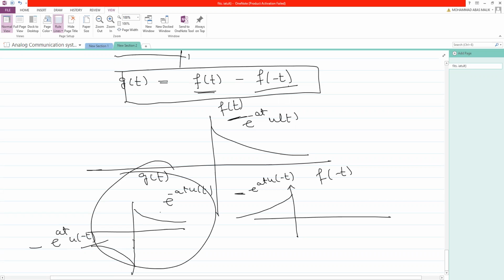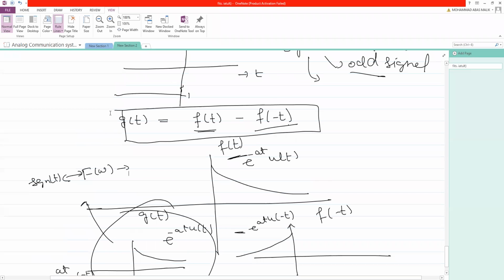From this, we can deduce the Fourier transform of signum of t. The reason is that for signum of t, the area under the curve is infinity, so it is not properly defined. You cannot define the Fourier transform of any signal whose area under the curve is infinite using the mathematical definition.